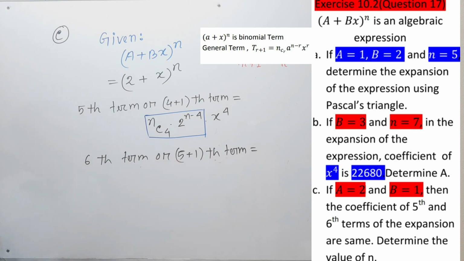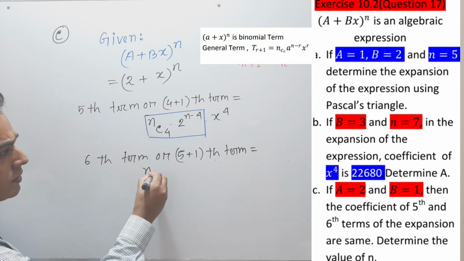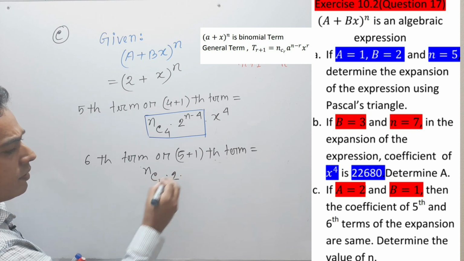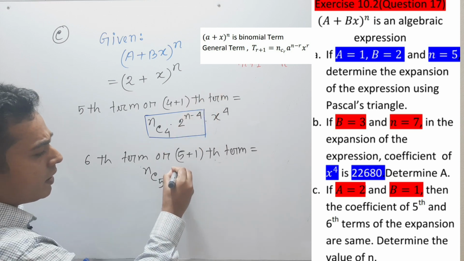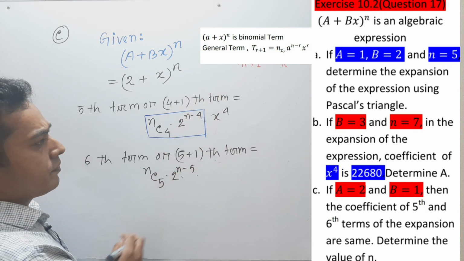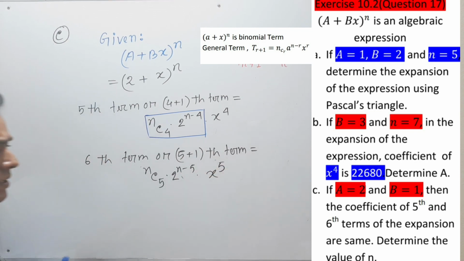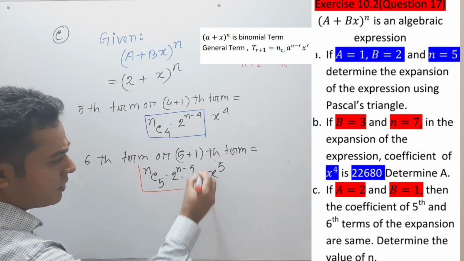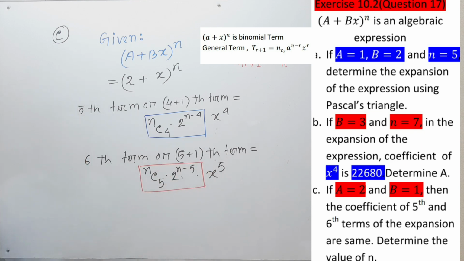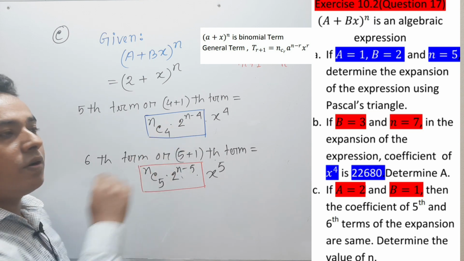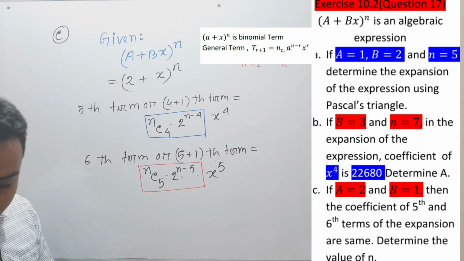So nC5 into 2 to the power n minus 5 into x to the power 5. The coefficient of this term is this one. Here both coefficients are equal, so we have to find the value of n.